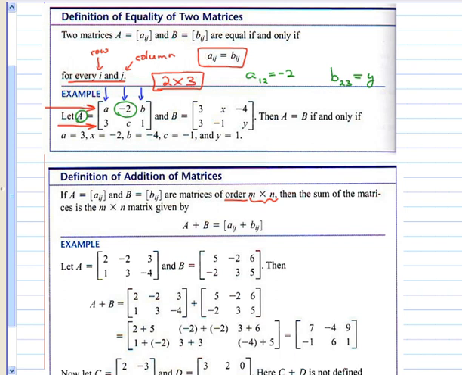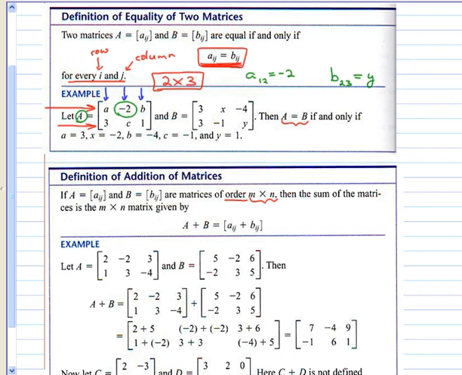So what does this statement mean right here? If I have 2 equal matrices, it means all the corresponding entries, these things are entries or elements, they are sometimes called, are equal to each other. So right down here, if matrix A equals matrix B, it's only true if every corresponding position is equal.